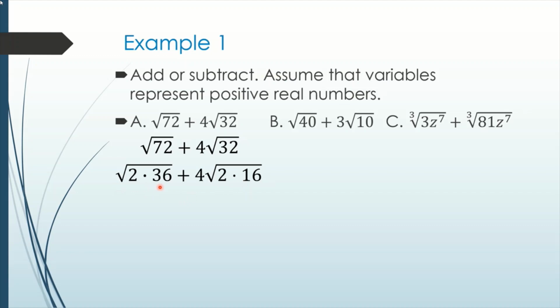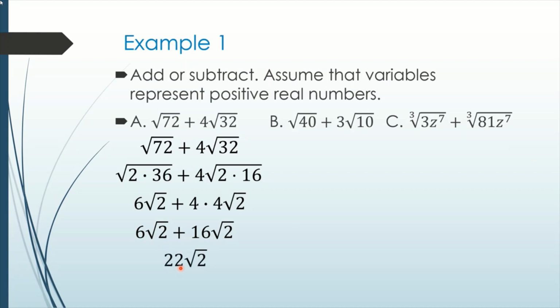Square root of 36 is 6, so that comes out. Square root of 16 is 4, that comes out. Now when something comes out, on the outside it's multiplication, so you would multiply it. So that would be 6 square root of 2 plus 16 square root of 2. Now we add like terms. Keep the square root of 2 the same. 6 plus 16 is 22. So it's 22 square root of 2.